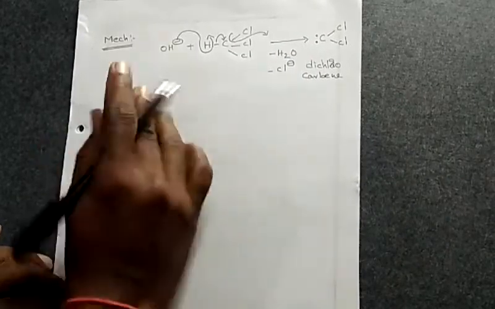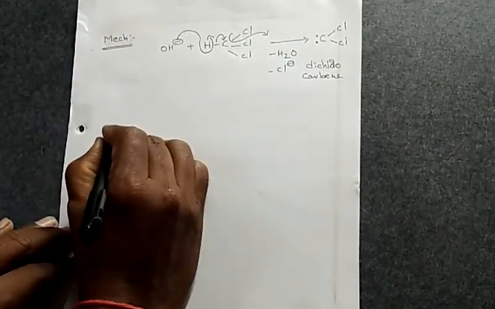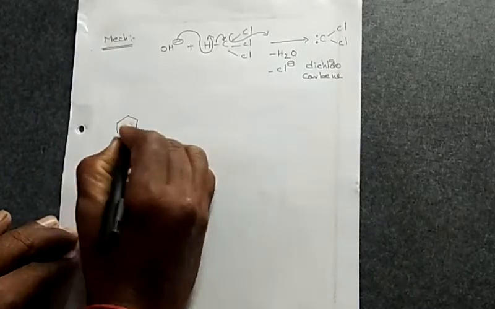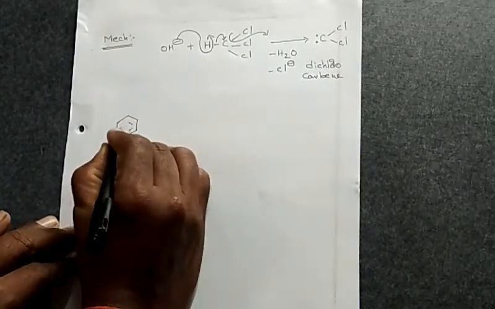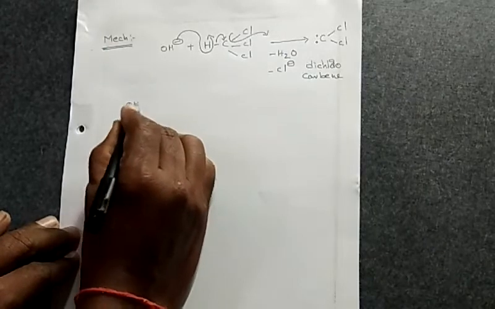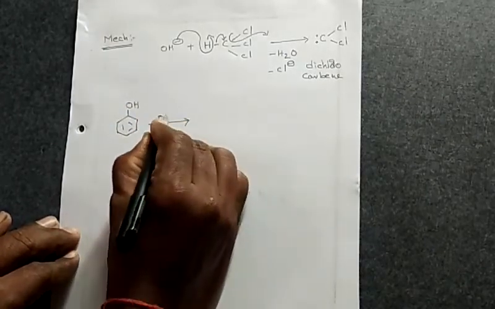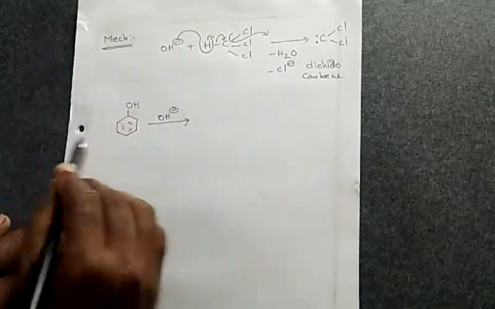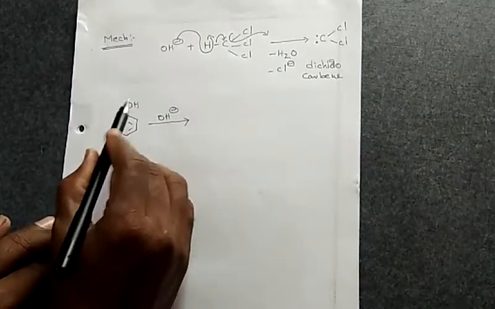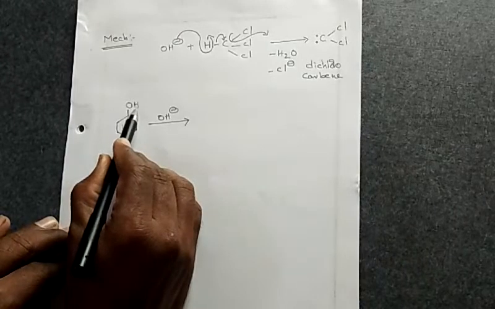Later, the phenol molecule is reacted with the base. We all know phenol is acidic. At any time this H plus ion can leave.